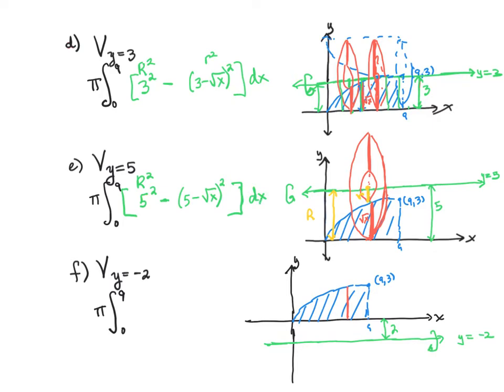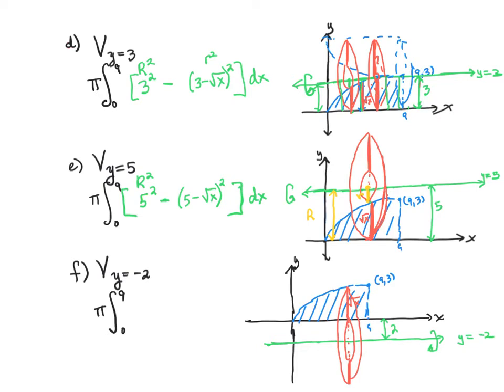All right, now let's see what happens when the axis of revolution is below the region. So when we rotate this red rectangle, I'll have a gap here, another gap here, and the rectangle's rotated this way. So my washer looks like this. And this distance is still root x. This red rectangle is still root x. This is 2.